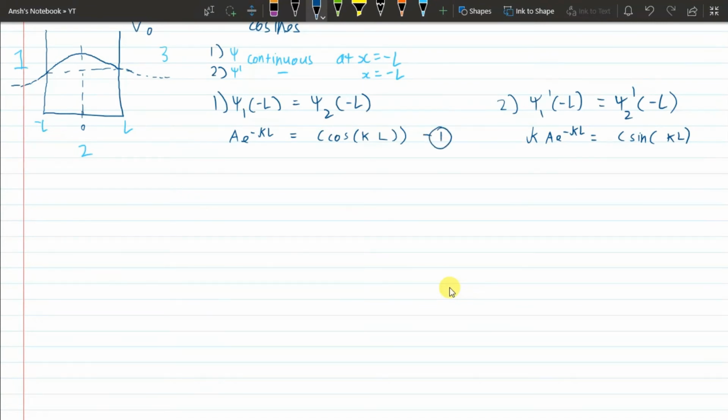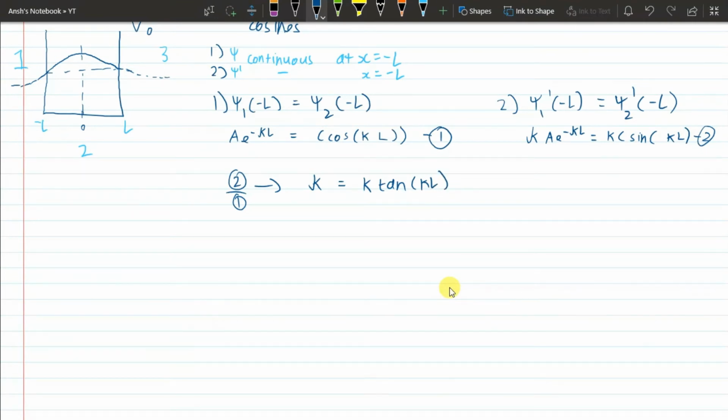Let's call this equation 1 and let's call this equation 2. Dividing equation 2 by equation 1, on the left hand side we get kappa because the other terms cancel out, and on the right hand side we're left with k tan kL, since sine kL by cos kL will be tan kL.